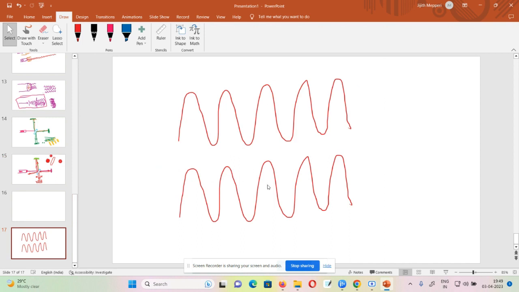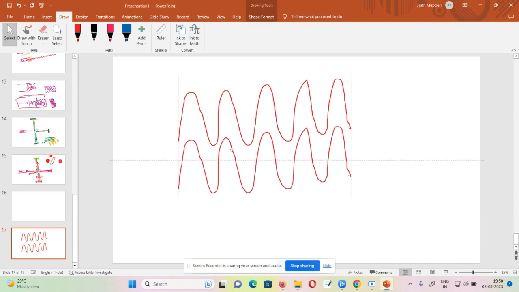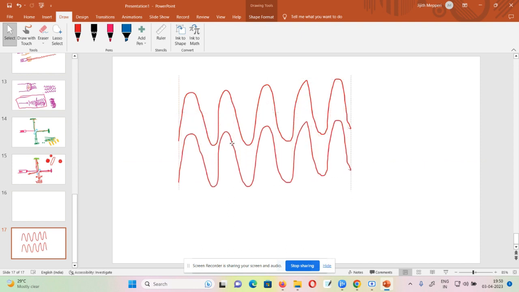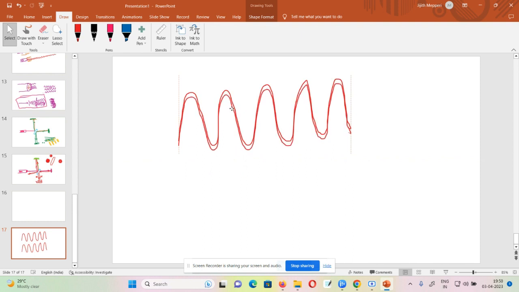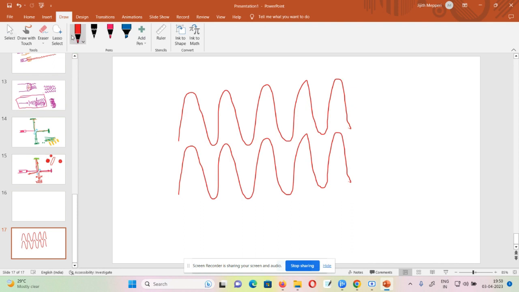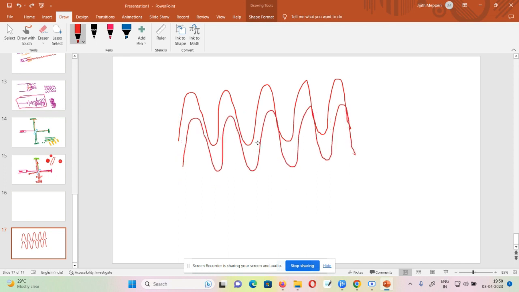While coming back, if both of them travel the same distance, it will be exactly the same. So it will be in phase. If both are in phase, you are going to get a high intensity. So the resultant will be a high intensity if they are interfering in phase.